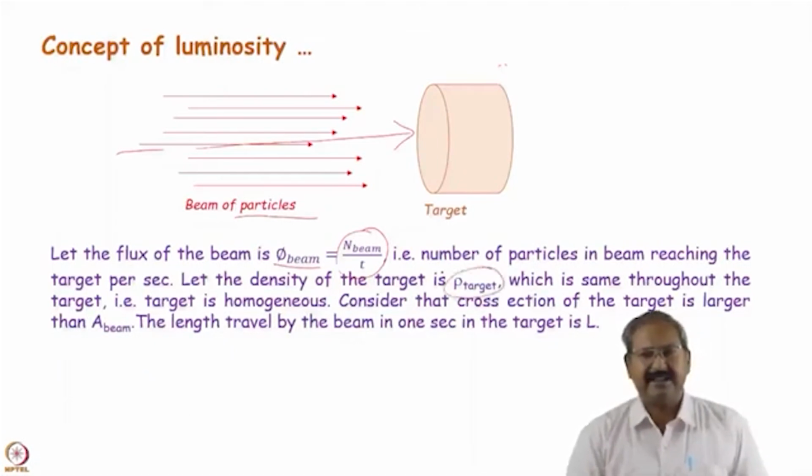We are considering that this density rho is the same throughout the target, which means the target is homogeneous, and the target's dimensions are much larger than the beam diameter. Now the length traveled by the beam in 1 second in the target, take it to be L. This L is the length traveled by the beam in 1 second.